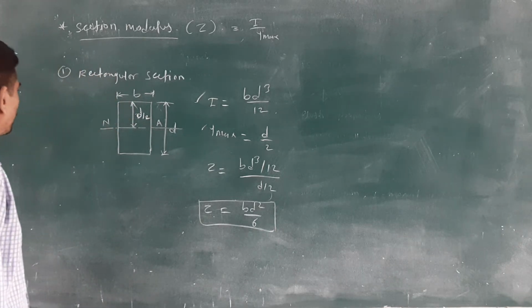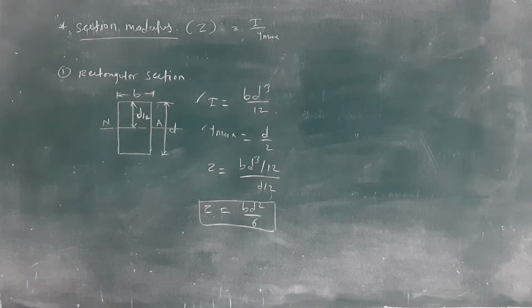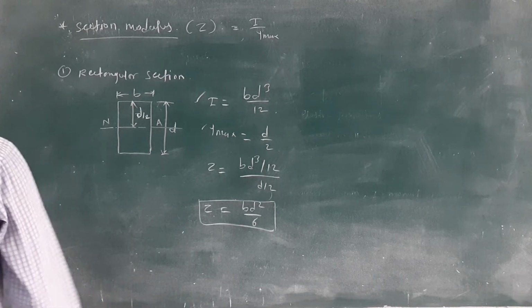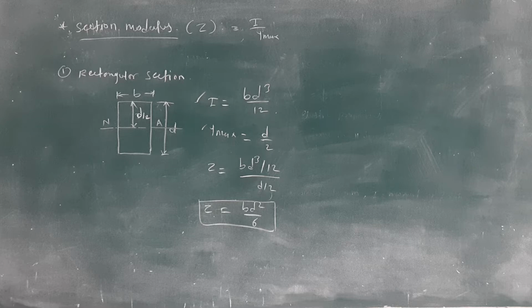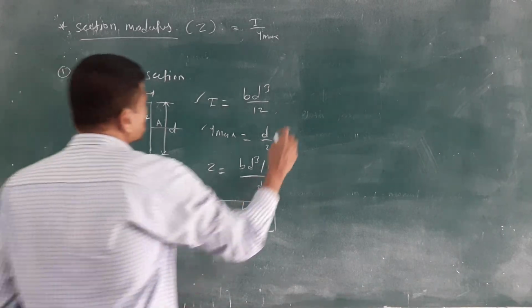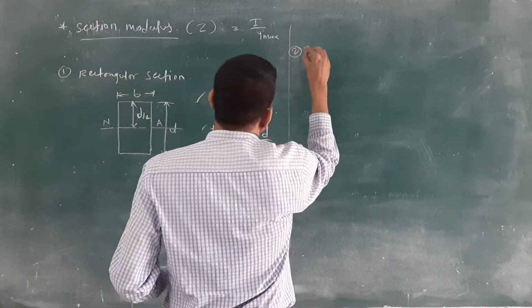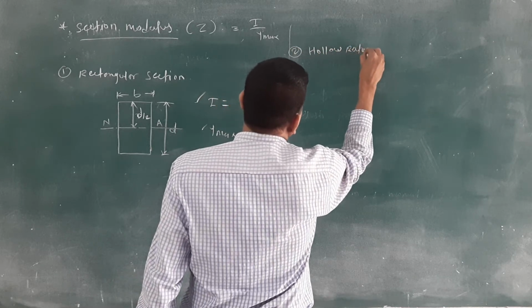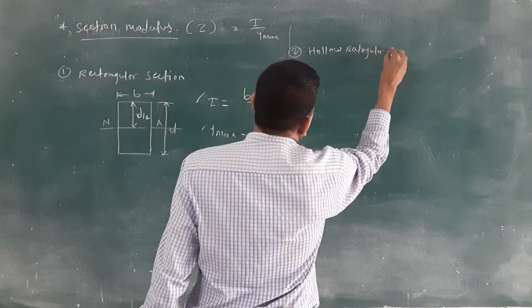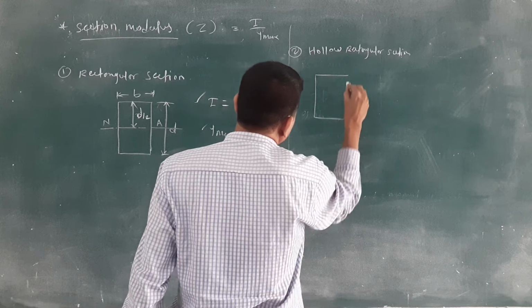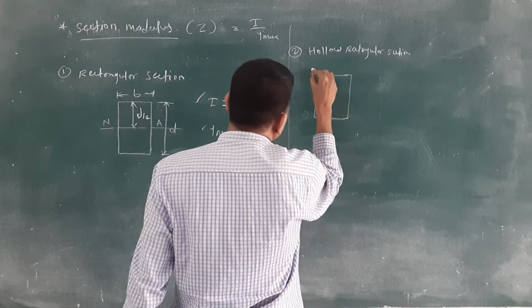Then the second one is the hollow rectangular section. If you have considered the hollow rectangular section, then what is the value of section modulus?